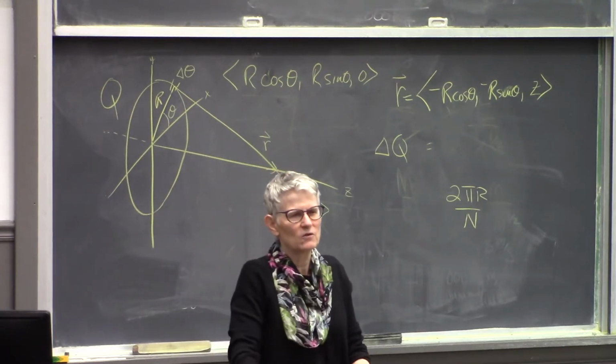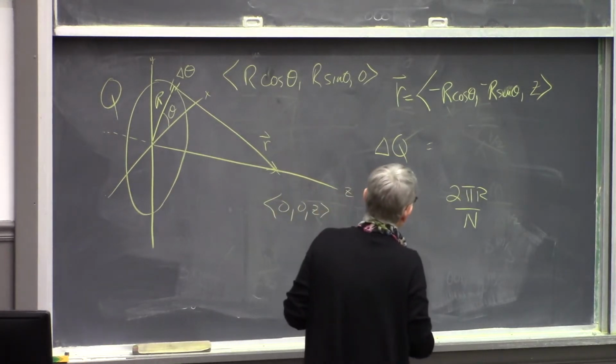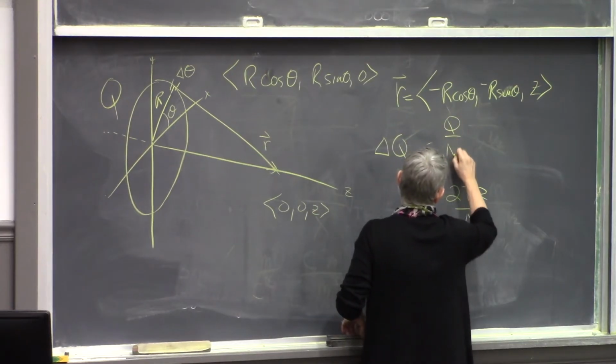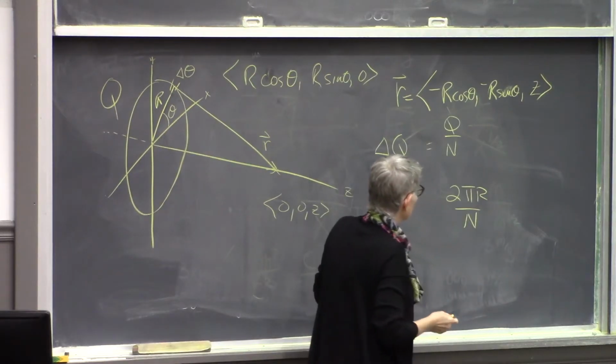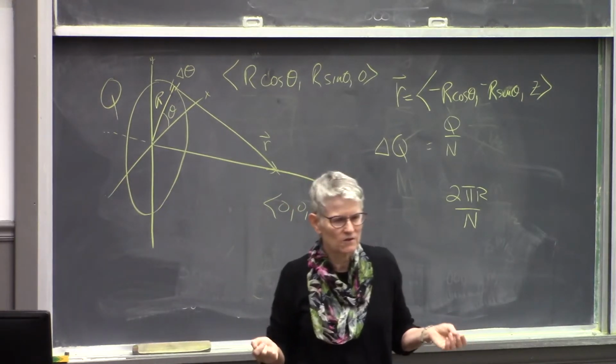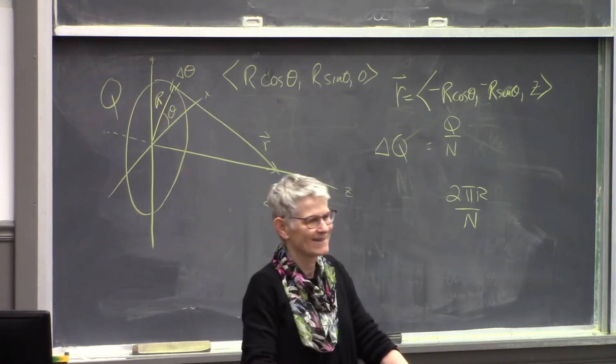What are we going to do with that exactly? Well, it's Q divided by n, right? It's Q divided by the number of pieces for sure, assuming it's uniformly charged around. It is uniformly charged, yes, we're assuming. It gets more interesting if it's not.